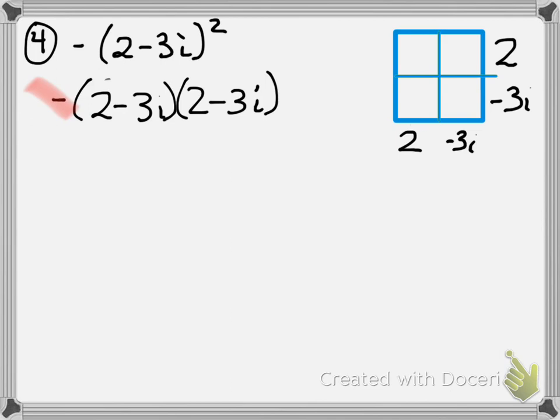So our real parts, 2 times 2 is 4. The imaginary: 2 times negative 3i is negative 6i. Negative 3i times 2 is negative 6i again.